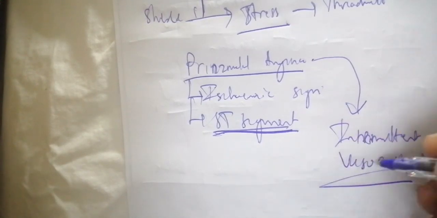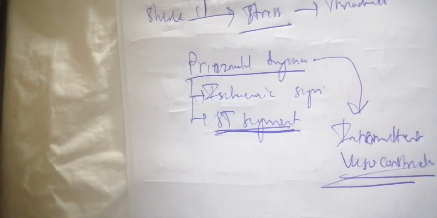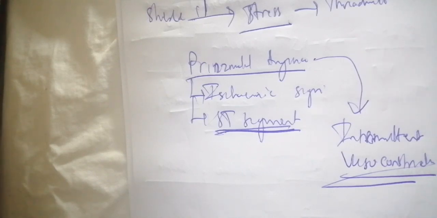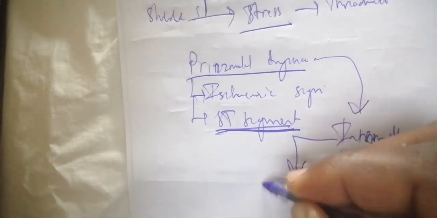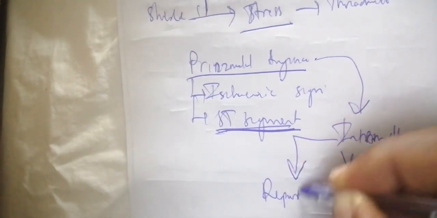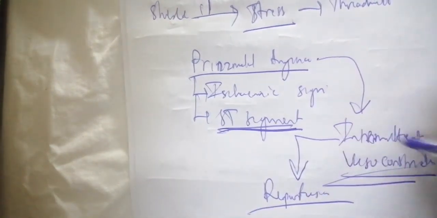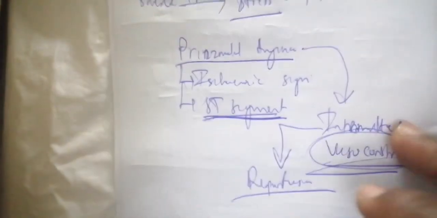Since there is a vasoconstriction, the principle of management of myocardial infarction is reperfusion plus a reduction in cardiac activity. Is it clear? That's why the best reperfusion method in Prinzmetal angina is to relax this vasoconstriction.